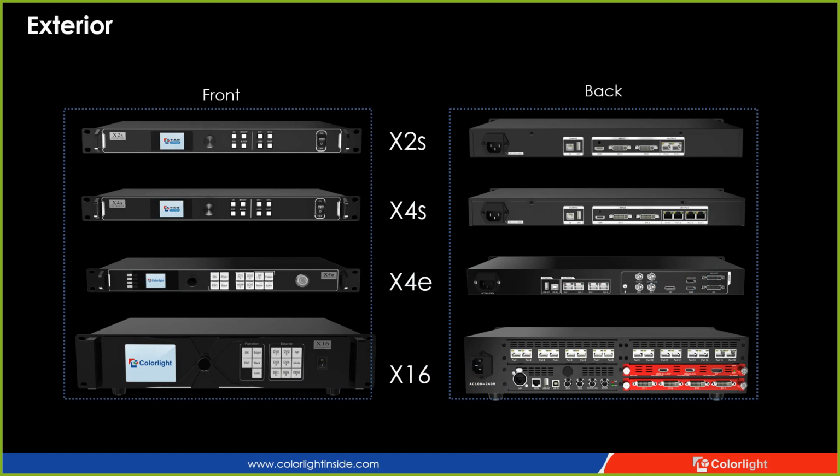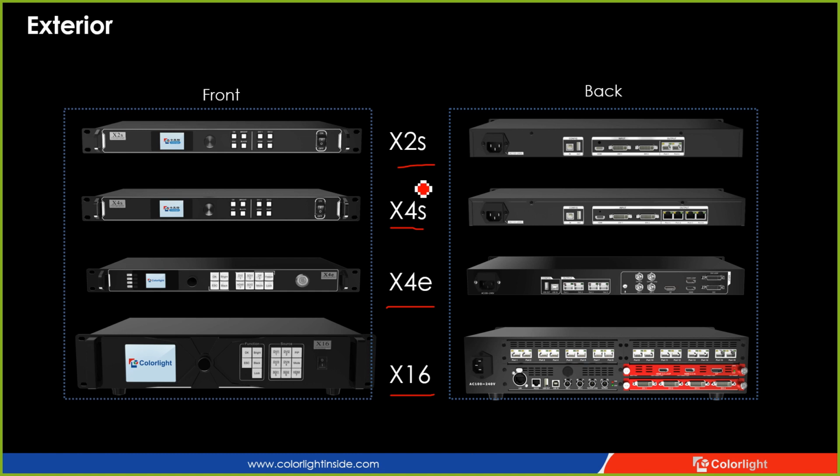Let's have a quick look at those typical models from the X series family: X2S, X4S, X4E, and X16. They are designed for small LED screens, 2K LED screens, and 4K LED screens. The only difference between X2S and X4S is the quantity of output ports.